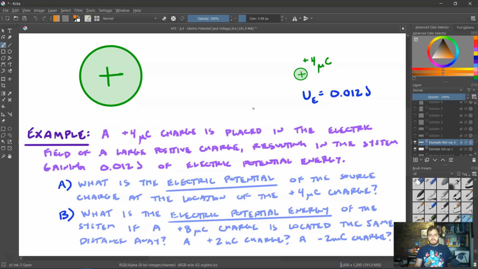The question is therefore, what is the electric potential of the source charge at the location of the +4 microcoulomb charge, and what is the electric potential energy of the system if instead of a +4 microcoulomb charge, we had a +8 microcoulomb charge located the same distance away, a +2 nanocoulomb charge, or a -2 millicoulomb charge? Let's go ahead and see how we would do that.